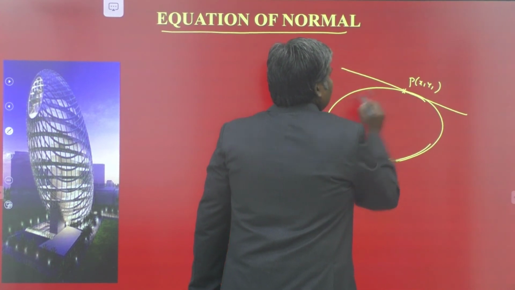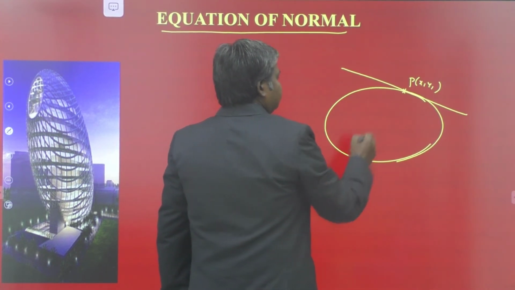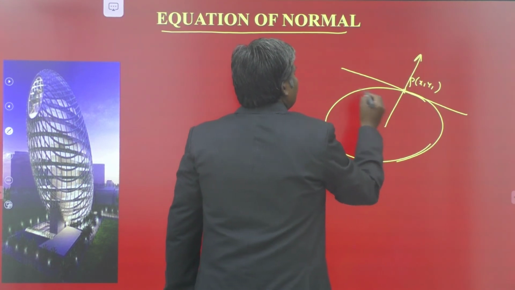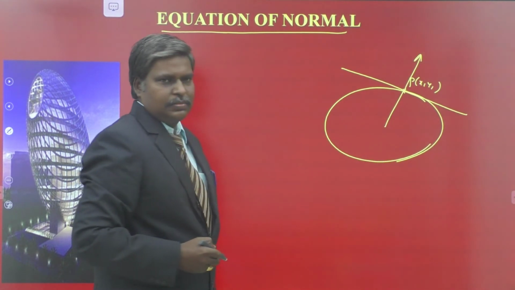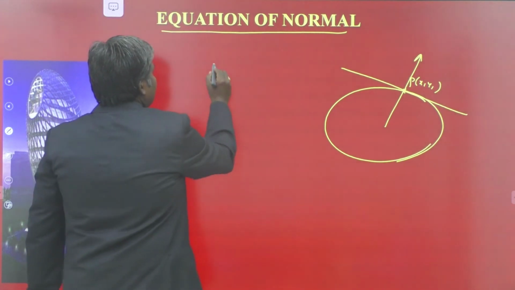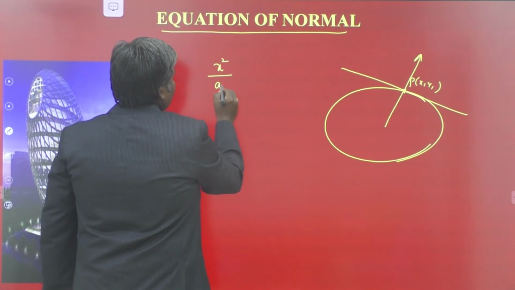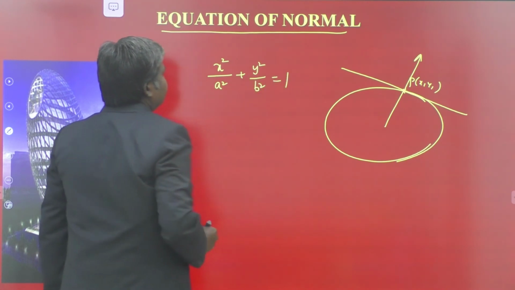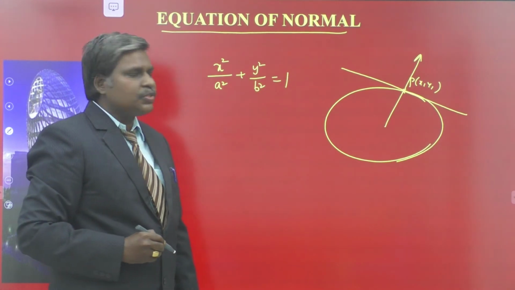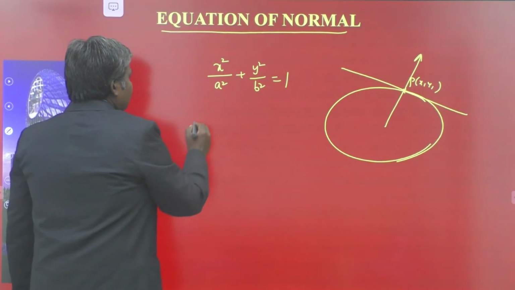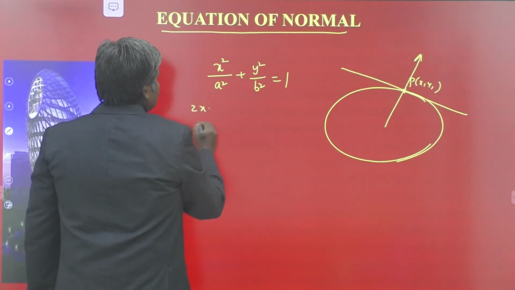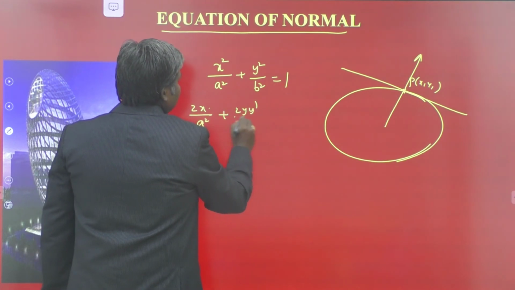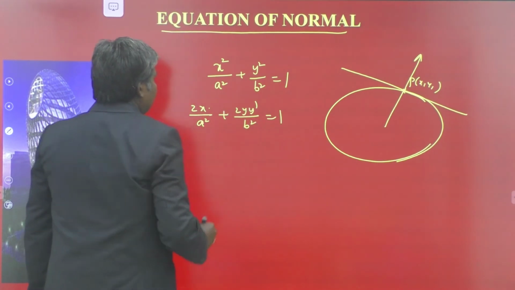What is meant by normal? The normal is nothing but the line which is perpendicular to the tangent at P to the curve. This is the normal. So consider the equation of ellipse, x square by a square plus y square by b square is equal to 1. This is the ellipse. We have to differentiate with respect to x. We get 2x by a square plus 2y y dash by b square is equal to 0, the derivative of 1 is 0.